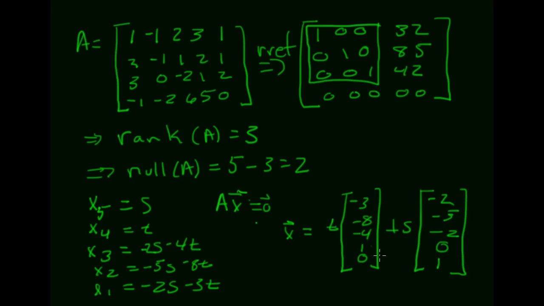So the linear combination of these two vectors is the set of all solutions for the homogeneous equation.